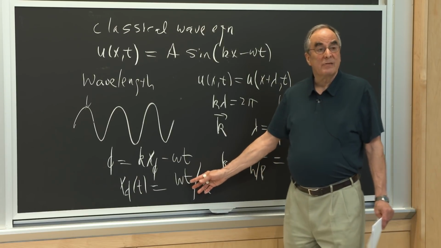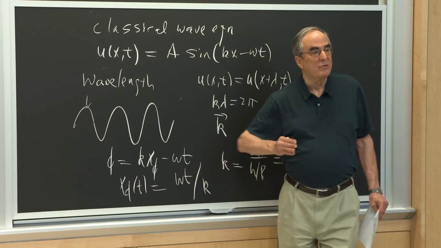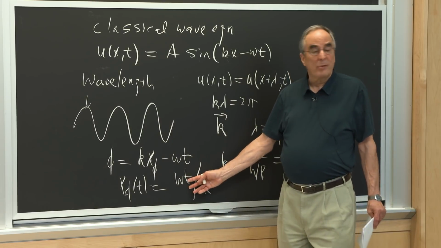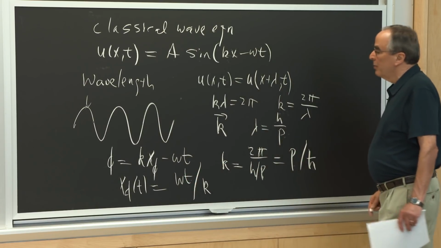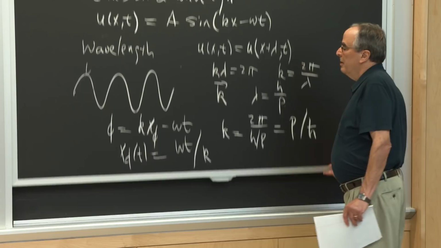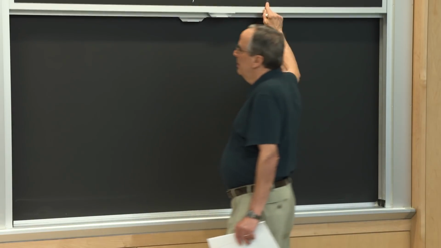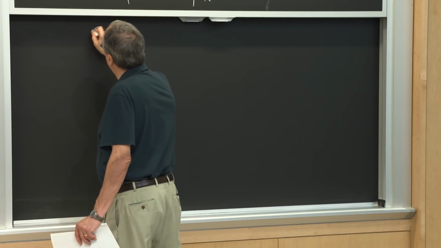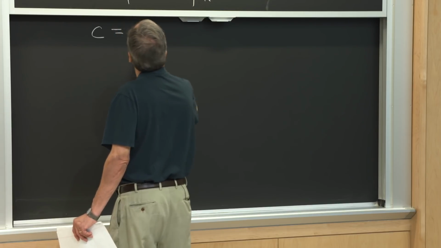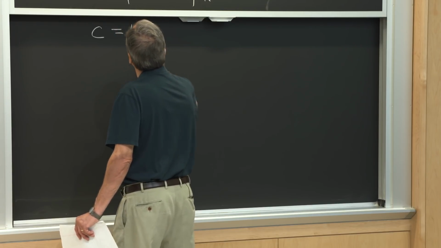Okay, we want the phase velocity, the velocity of this wave. So we take the derivative with respect to t. And so the velocity, which we'll call c, is equal to omega over k.